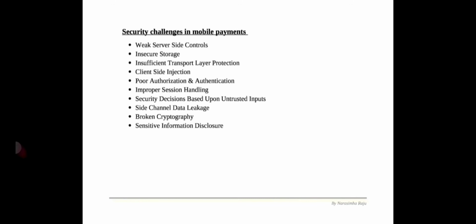And the next type of security challenge in mobile payments is security decisions based on untrusted inputs. Every time a user is prompted to enter data, the input should be treated as untrusted and should not be blindly accepted by the device or backend APIs and blindly acted upon.